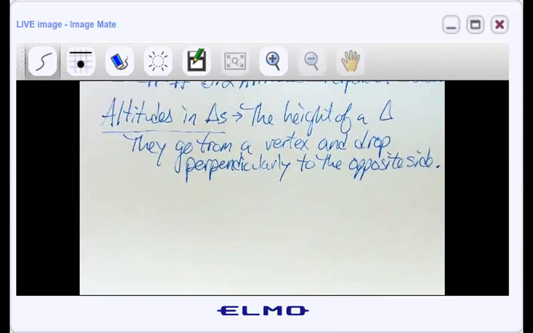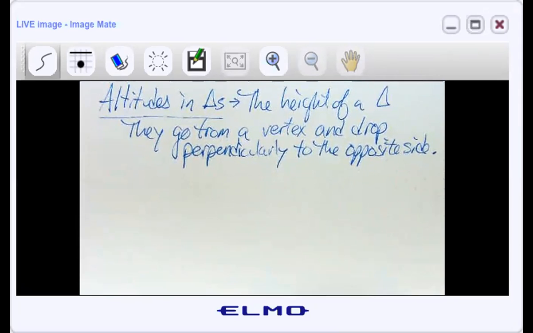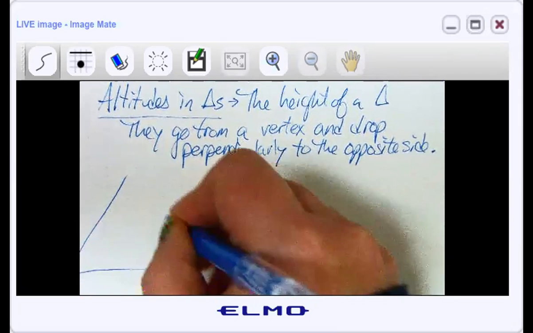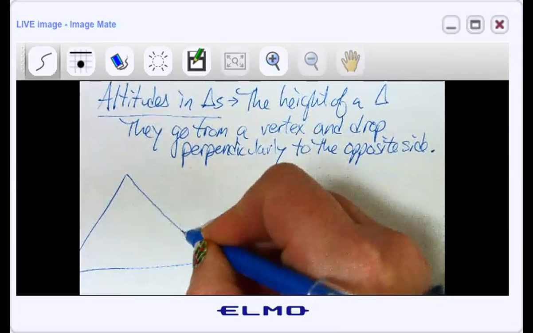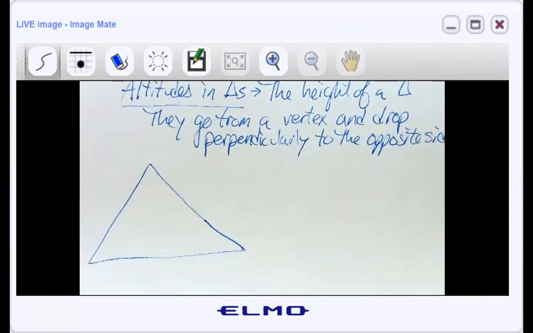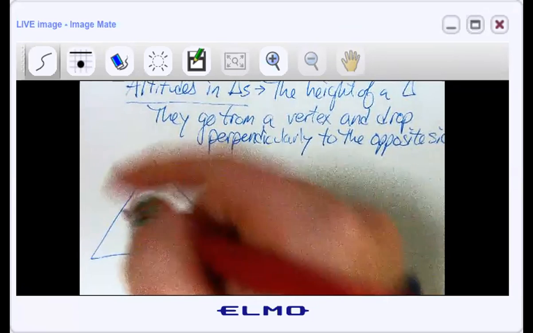All right, so let's look at some drawings. We'll just start off with our basic acute triangle. So go ahead and sketch yourself any old acute triangle, doesn't really matter. So the altitude, you're going to start at any vertex. It's just easy to draw from the top one here. I'll use my red pen.